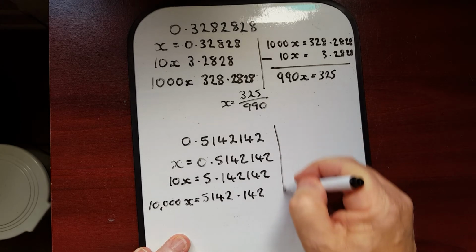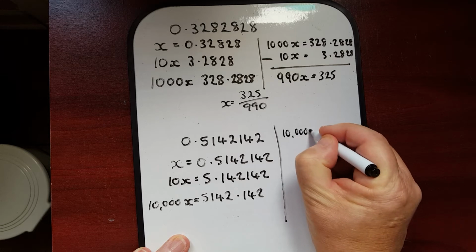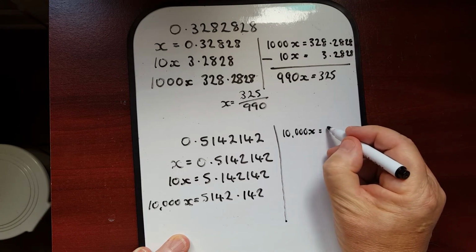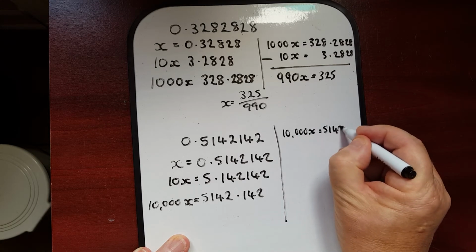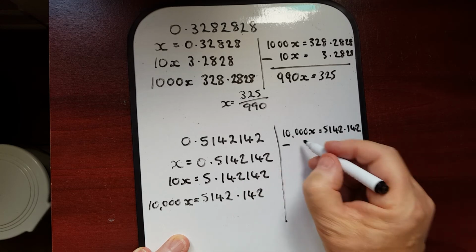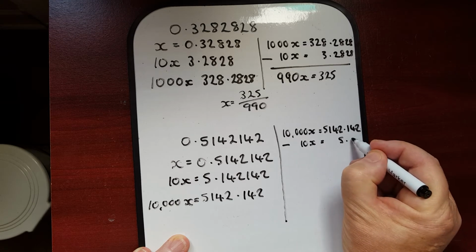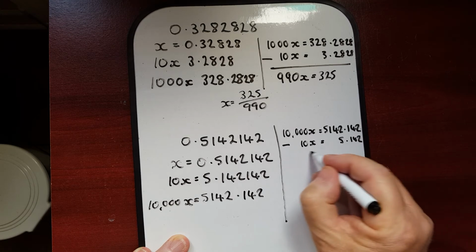And then, following what we did before, we're going to get our 10,000x, which equals 5142.142. We're going to subtract 10x, which was 5.142.